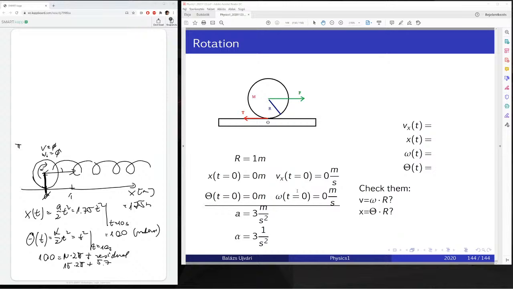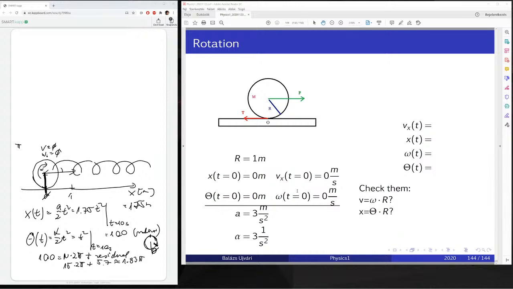So this is about 1.83 pi, which means if theta zero is here, this is the pi, and this is, let's say, 1.8 pi.